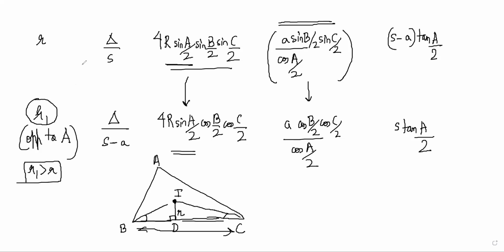Also, you should realize that this is coming from this derivation. From here it comes. A sine B by 2 sine C by 2 by cos A by 2. That is the derivation from which you do the sine rule on A by cos A by 2 and convert that to 2R sine A by 2, right? A is equal to 2r sine A, and sine A is equal to 2 sine A by 2 cos A by 2. So it becomes 4r sine A by 2 cos A by 2 divided by cos A by 2, right?